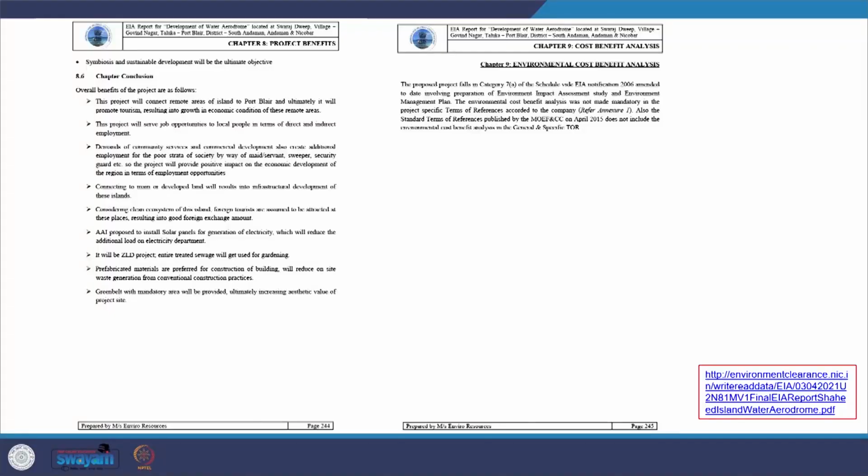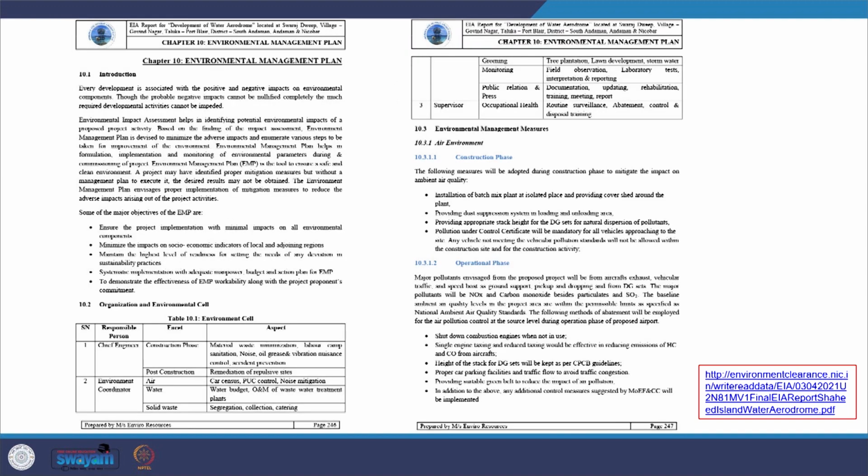Then you also see the environmental cost benefit analysis that they have done. So as per the standard TOR, they have undertaken cost benefit analysis. Then you see in chapter 10, they have covered environmental management plans. So here you see the organizational structure and how it is going to take care of things. So you see the environmental cell, what will be the composition and how it will take care at every phase of the project.